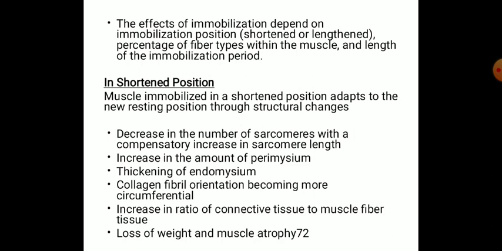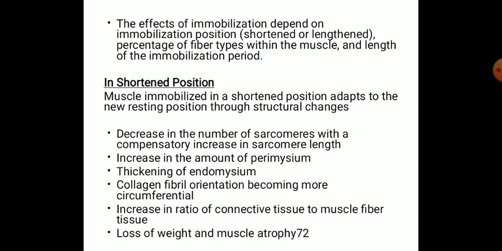The amount of perimysium, the covering, increases, thickening of the endomysium can happen, the collagen fiber orientation becomes more circumferential, and there can be loss of weight and muscular atrophy.